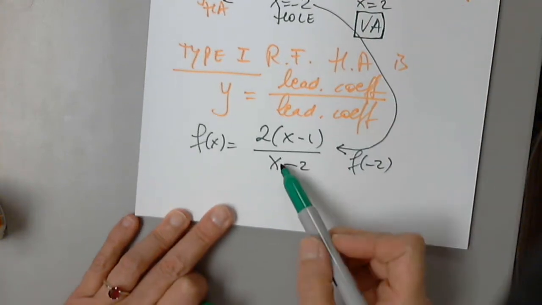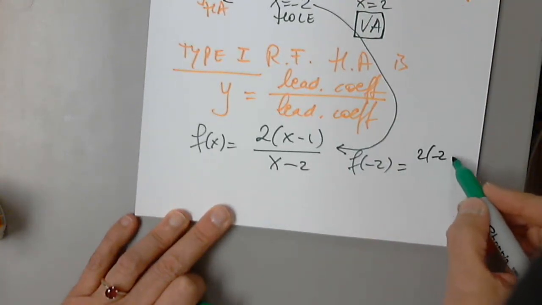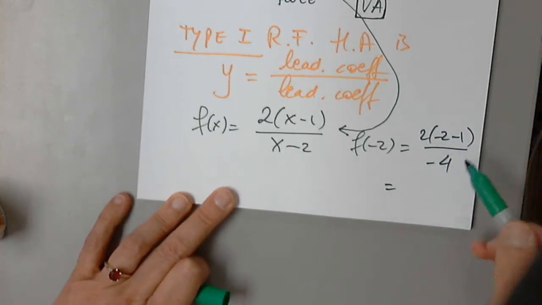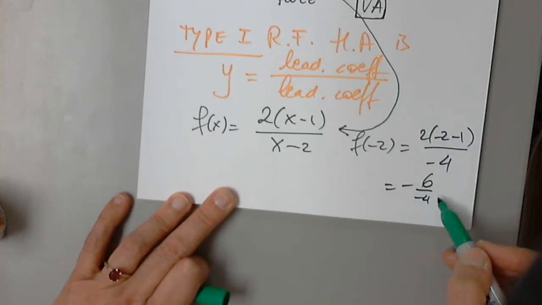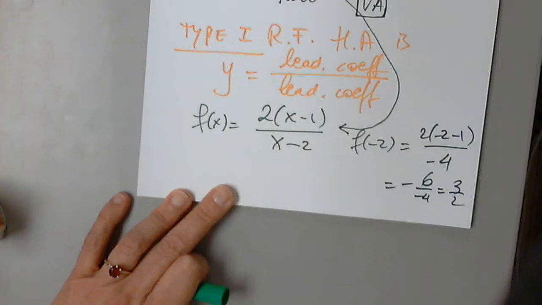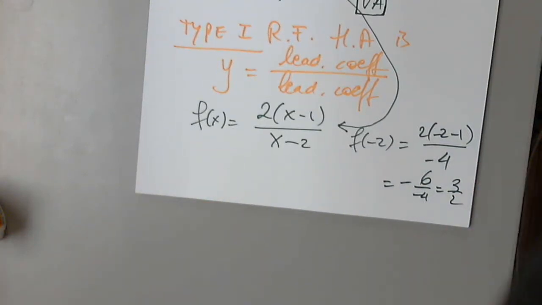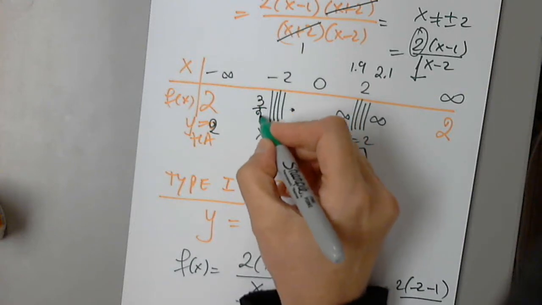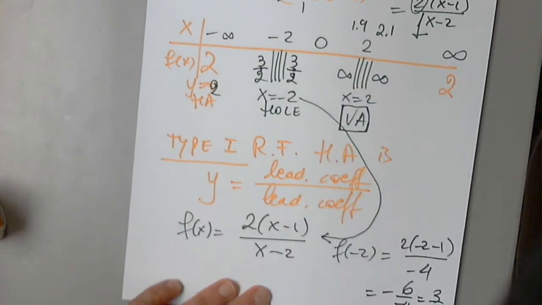So when we plug in negative 2, we get 2 times negative 2 minus 1 divided by negative 4. And the answer will be negative 6 divided by negative 4, or 3/2. Do you agree with 3/2? Yes. Thank you. So then we have 3/2 on the left and 3/2 on the right.